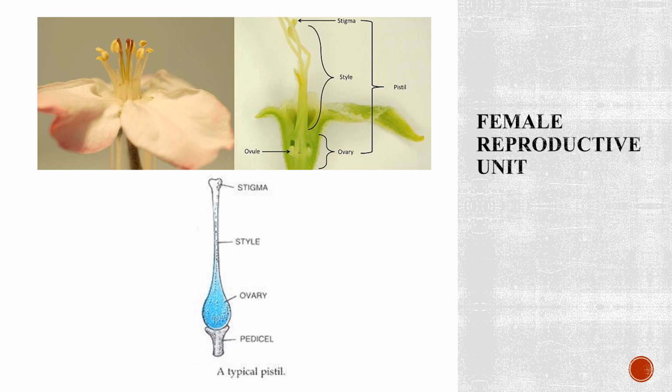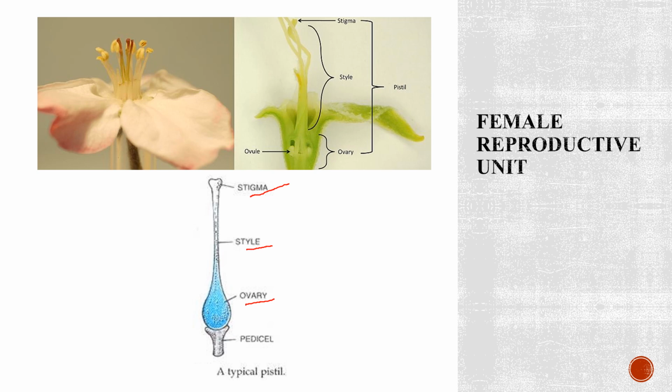Each pistil has three parts. One is the ovary, the other is the style, and the third is the stigma. The ovary is the basal swollen ovule-containing region. The number of ovules in an ovary may be one, as seen in mango, or may be many, as seen in papaya or orchids.